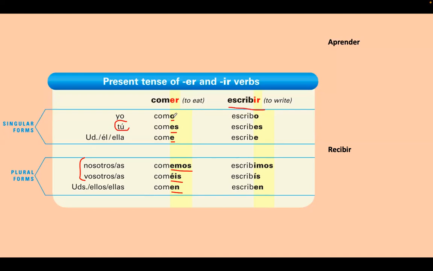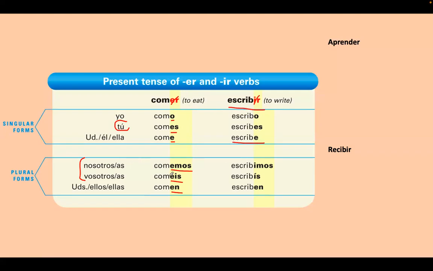Escribir, again, you have yo escribo un libro, tú escribes la tarea, usted, él, ella escribe. So look, it's the same endings. Don't forget that obviously you have to drop the ending and then add the new endings.